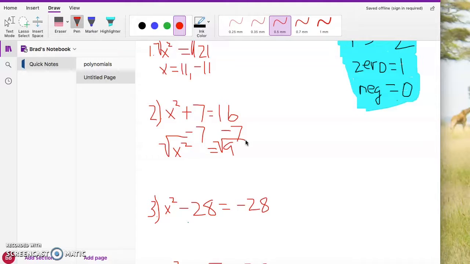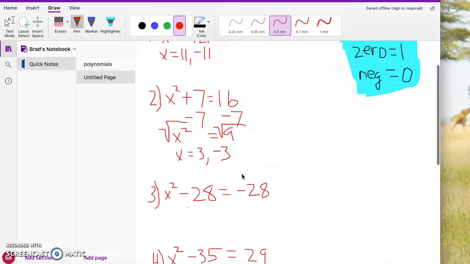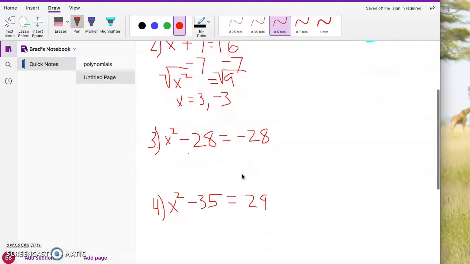The only way you could go wrong is that we're square rooting a positive number, so there are two solutions. Please don't say x equals 3 and be done. That will probably be an answer choice if it's multiple choice. It's 3 and negative 3, because negative 3 times negative 3 equals 9. So the square root of 9 can be 3 or negative 3.